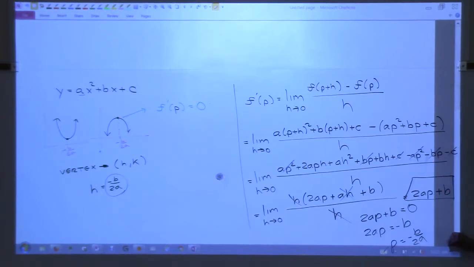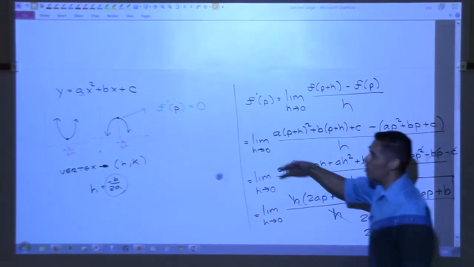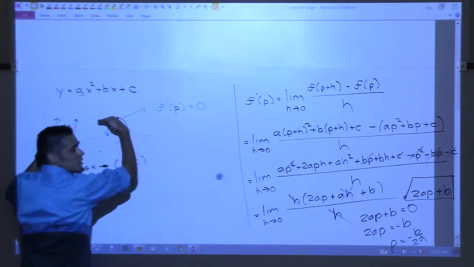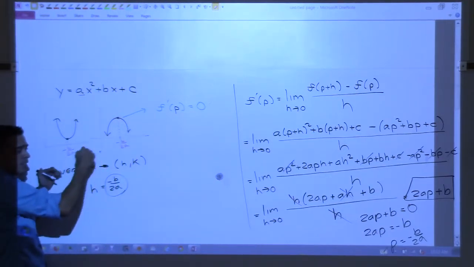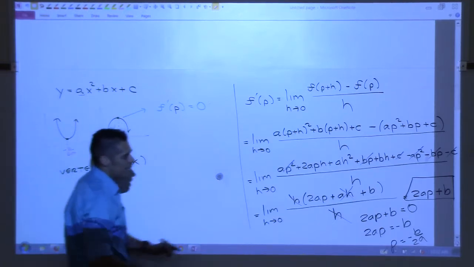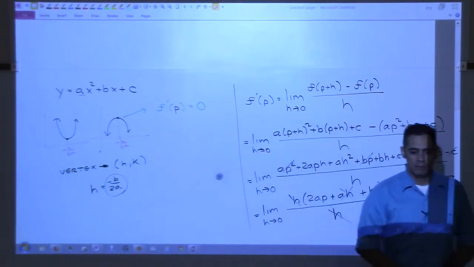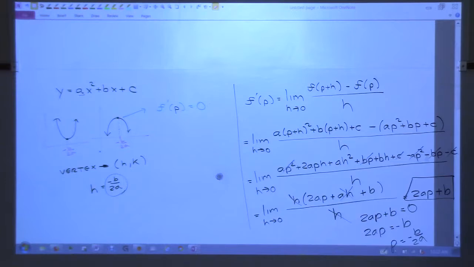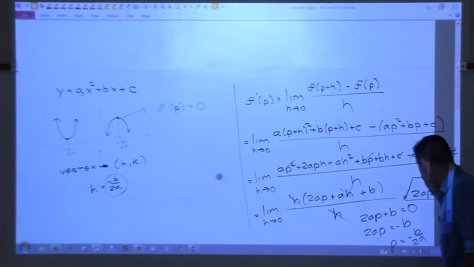So for a quadratic function, if you want to know where the slope of the tangent line is 0, which would correspond to the vertex, your x-coordinate needs to be negative b over 2a. Make sense? Pretty awesome.